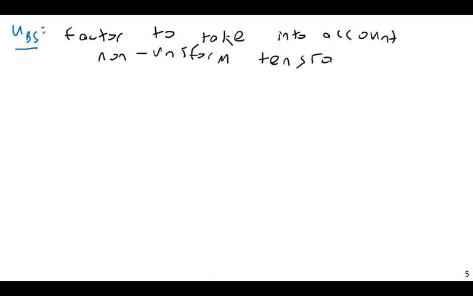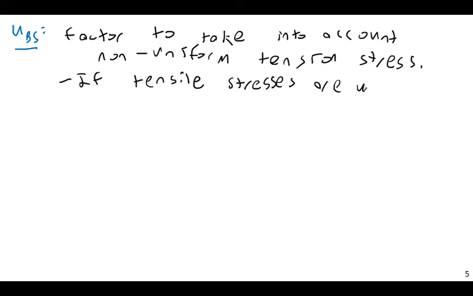And so what does that mean? If tensile stresses are uniform, in an ideal case, then Ubs is equal to 1.0.